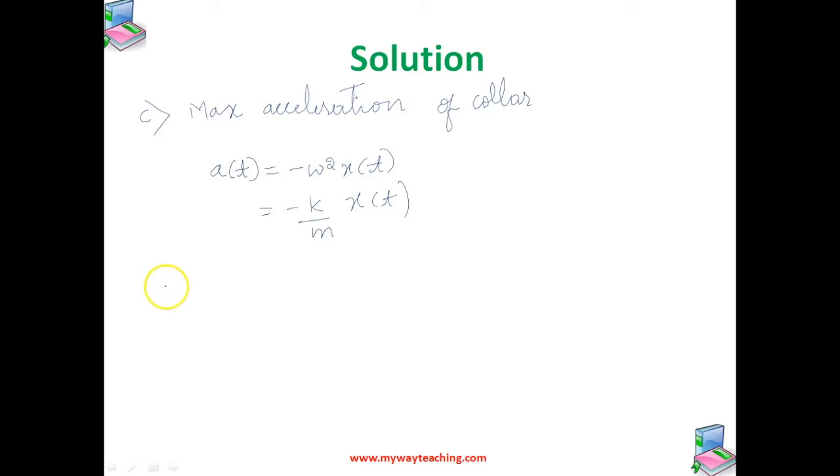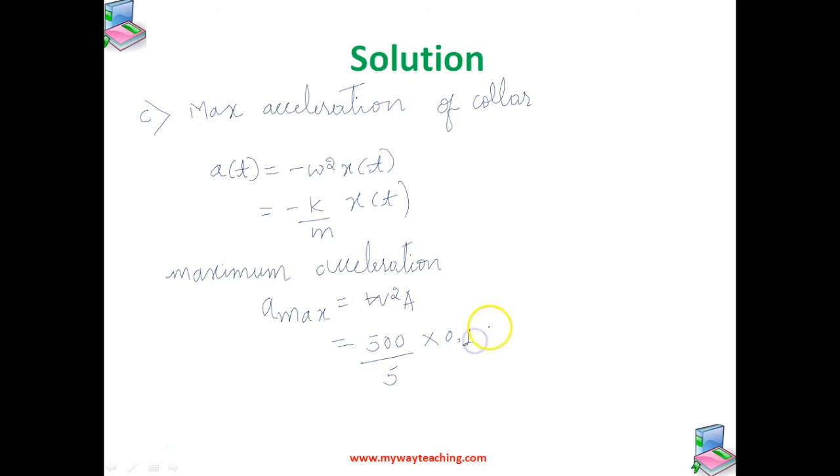And the maximum acceleration is given by a max, that is equal to omega square into A, that is k by m, that is 500 by 5, and A is 0.1, which gives 10 meter per second square. Okay, and it occurs at the extremities.